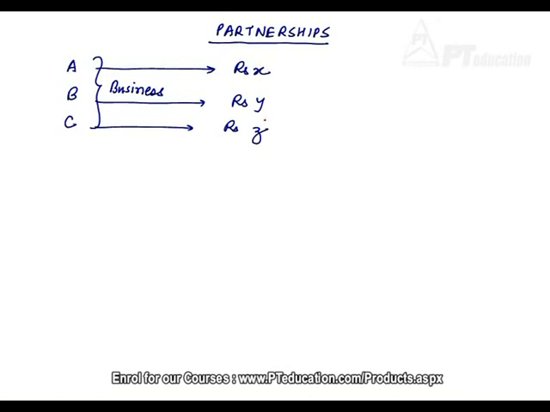to run the business. At the end of the year or at the end of the accounting period, let us say that the total profit was rupees P. How exactly should the profit be divided? So common sense tells us that the ratio of profits must be equal to the ratio of investments made by the partners.